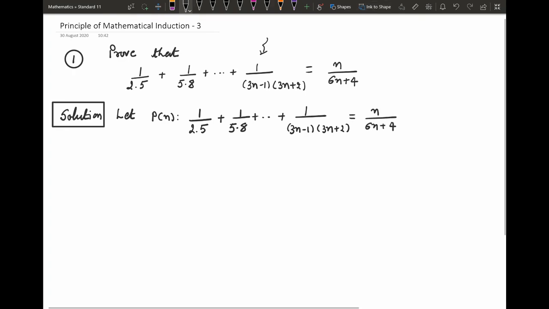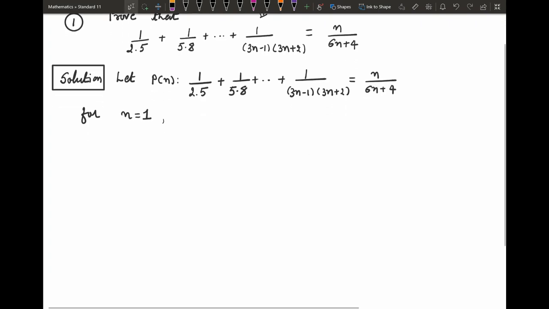Now for n equal to 1, according to principle of mathematical induction, prove result is true for n equal to 1. Suppose result is true for n equal to k, and then prove result is true for n equal to k plus 1.